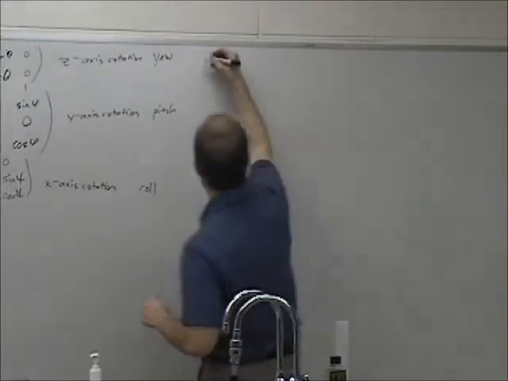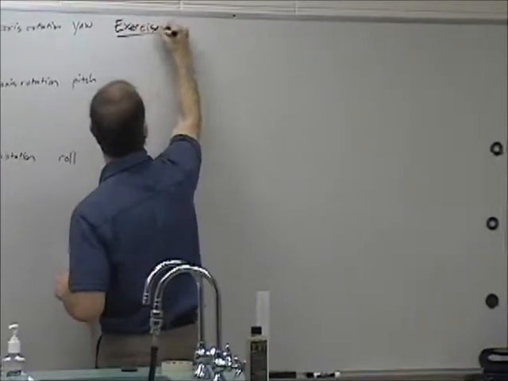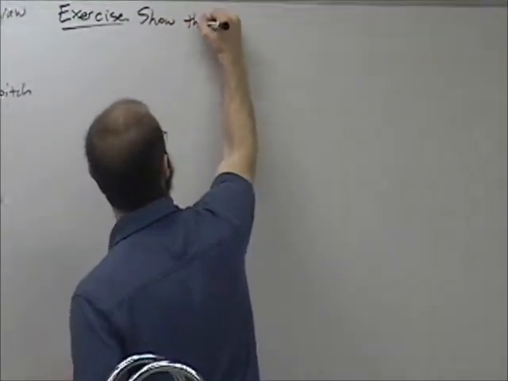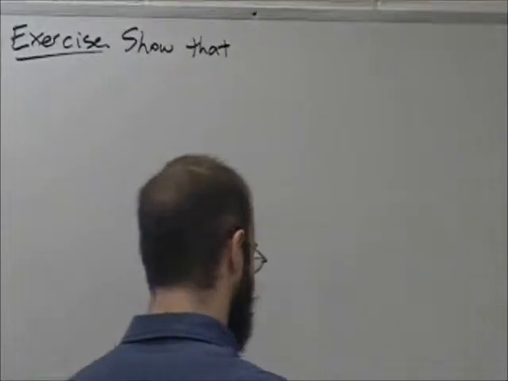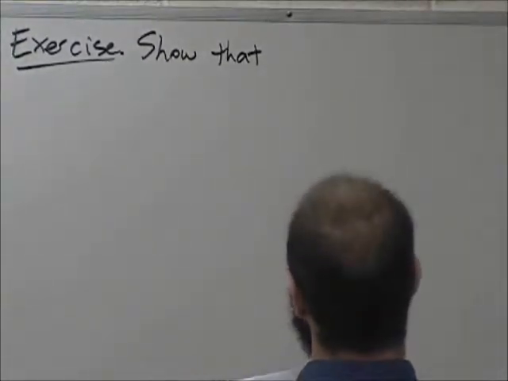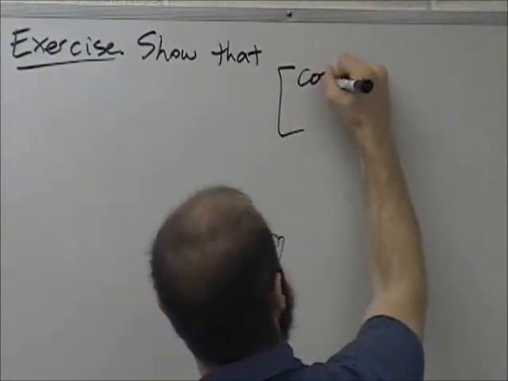Okay. So I'm going to give this in the form of an exercise. These are pretty routine calculations, although they did require some knowledge of the hyperbolic functions. So let me just write the exercise down.